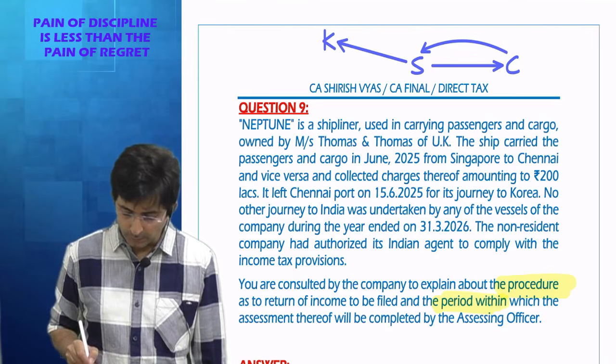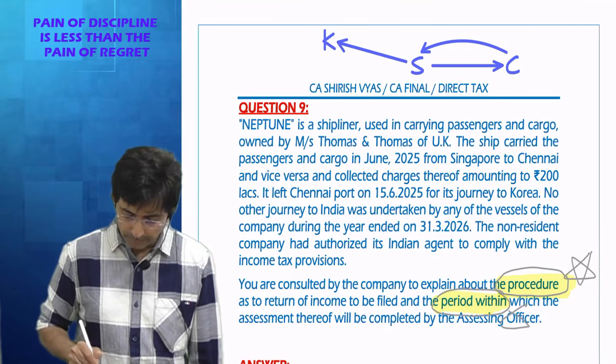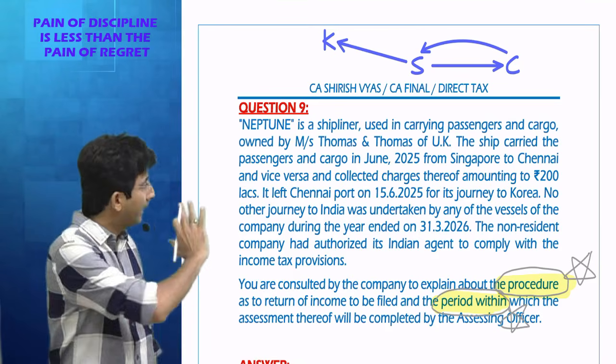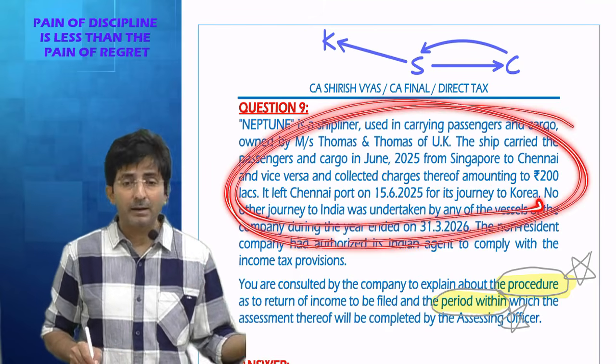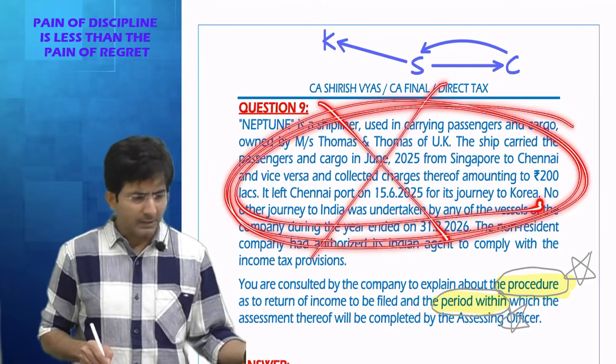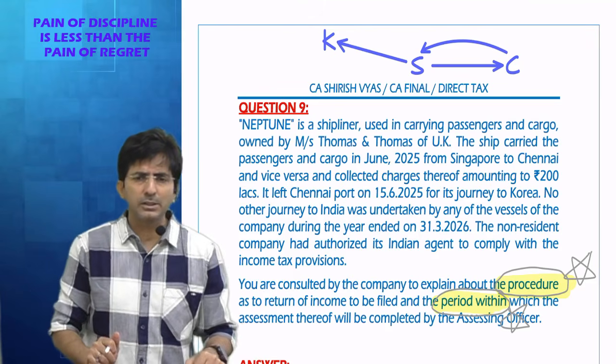Focus on the question. Procedure, period. This way you have to handle the exam question. You know what students do? They get lost in the main para. Ignore this. Focus on what is asked. So tell me what is asked in the question.